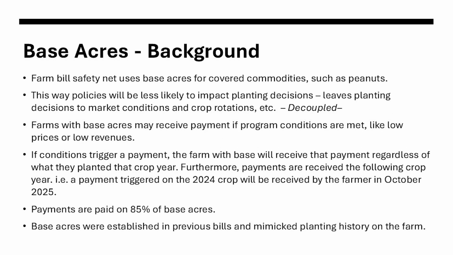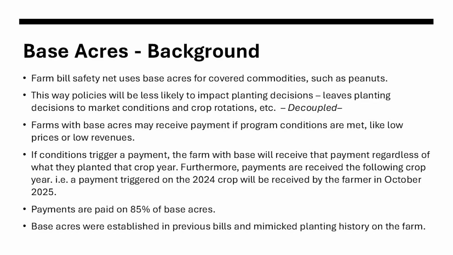All right, so thinking about the audience and realizing that not everyone in here is an agricultural producer, I wanted to give more basic information about the Farm Bill programs and how they work. So one of the things that's a little bit abstract for those that are not in production agriculture is the concept of base acres.